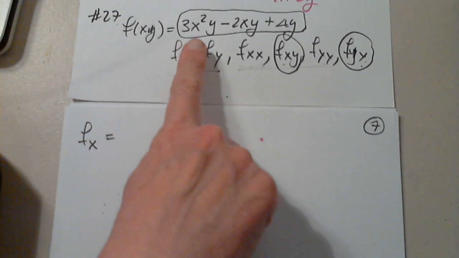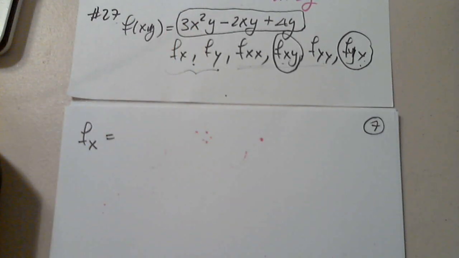Can anyone differentiate this with respect to x? Not with the product rule, because y is a constant. Assume that y is 15. So can anyone tell us what to write? 3x squared y, differentiated only with respect to x.